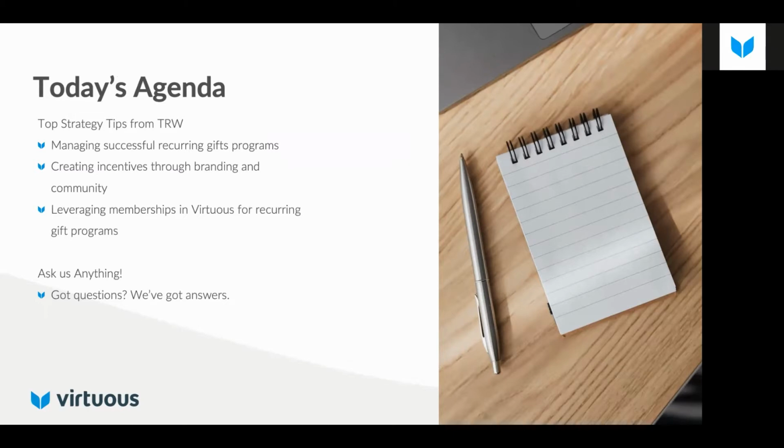There's a difference between just offering people the option to give monthly and really truly having a sustainer program or a monthly giving program. So things like creating incentives and really leveraging things like memberships in Virtuous, right? To make that recurring giving program something that stands on its own and can be a really great, reliable source of revenue and income.